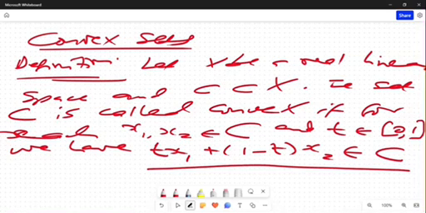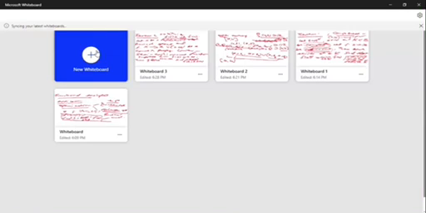If any straight line joins those, this is a line segment joining x1 and x2, it must also be in the set. So that's the meaning of convexity. And we are going to give some geometries of sets that are convex and sets that are not convex.